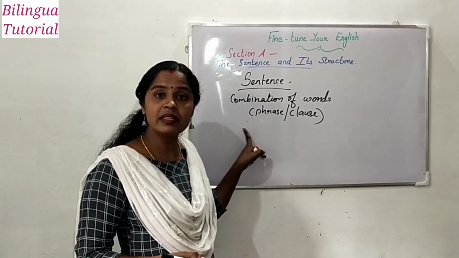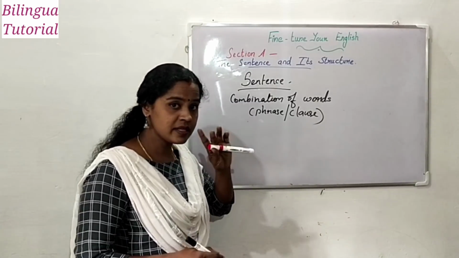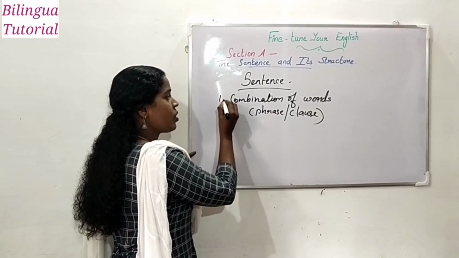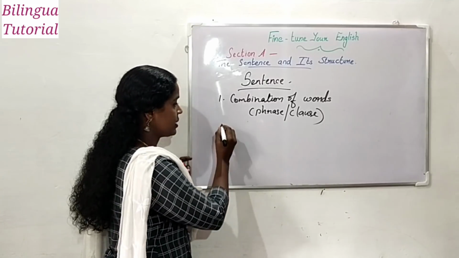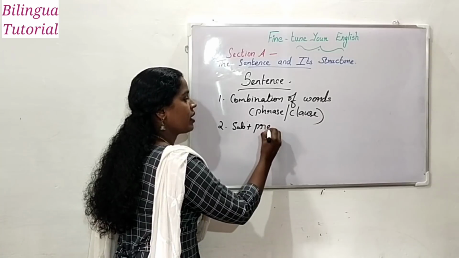It can be a phrase words combination, it can be a clause words combination. It is understood. Then first point, it is a combination of words. Then it has subject and predicate.